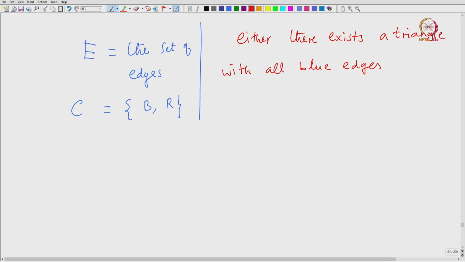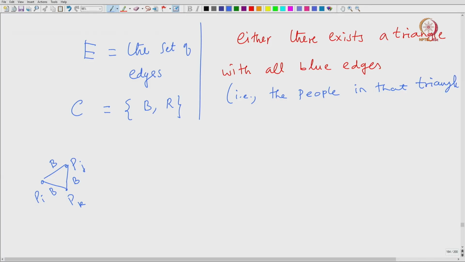Okay. That means the people in that triangle, like some Pi, Pj and Pk, they all have these blue edges and that means they all know each other. So, the people who are the vertices in that triangle, they know each other.